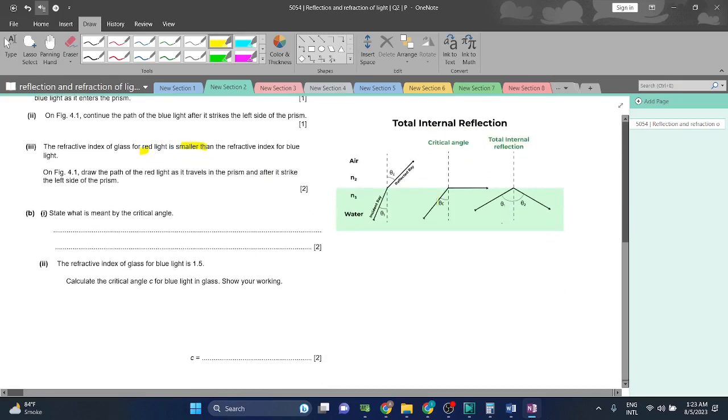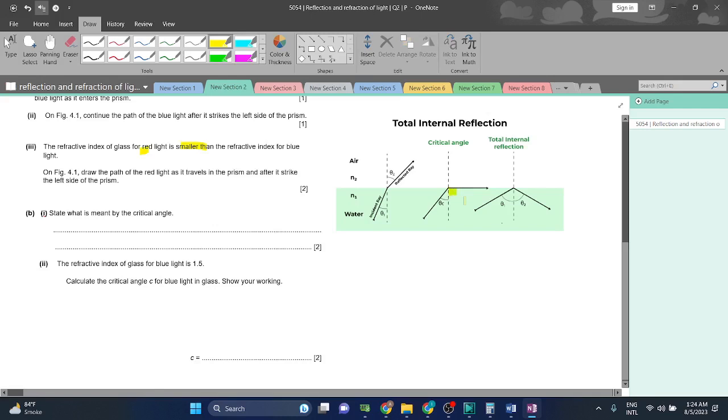तो या state what is meant by critical angle. तो अभी मैंने आपको क्या समझाया है, critical angle क्या होता है कि जब एक reflect, ये देखिए incident ray आ रही है, reflect हो रही है, right, refract हो रही है, और उसके बाद इस पॉइंट पे पहुंच जाता है, इधर पहुंच जाता है। When angle of refraction in a medium becomes 90 degrees and our angle of refraction becomes 90 degrees, right?